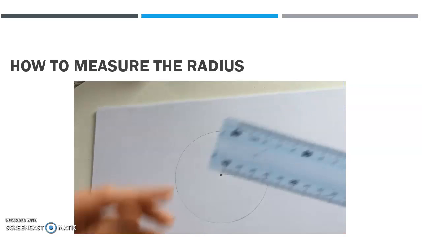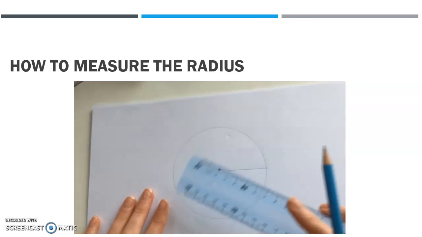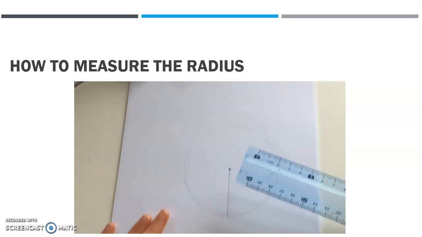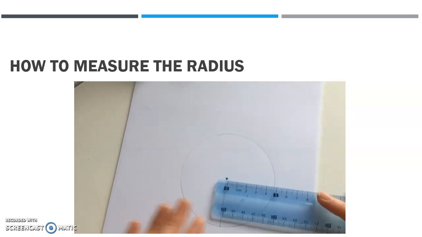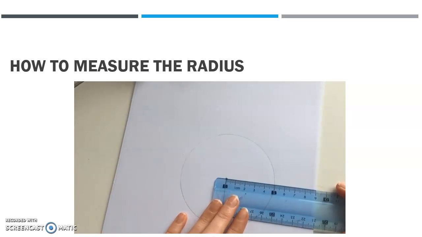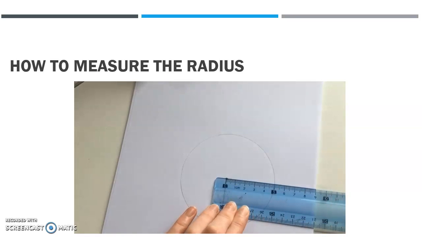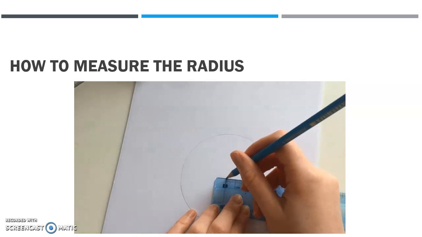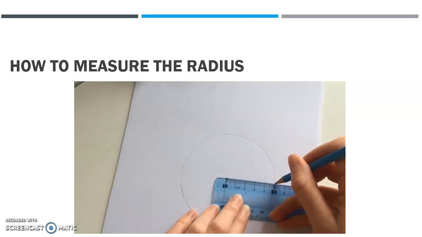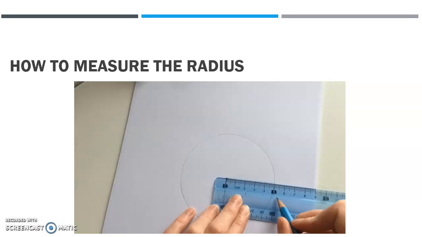So we put our ruler, our zero at our center point. We could draw another one here because we know that all radii are the exact same length. So if I do it again here, I put the line for my zero at my center point, line it up exactly, make sure it's in the exact right place in the middle of our center point. And you can see here, I'm going to draw my line again, but you can see here it's 5 centimeters again.